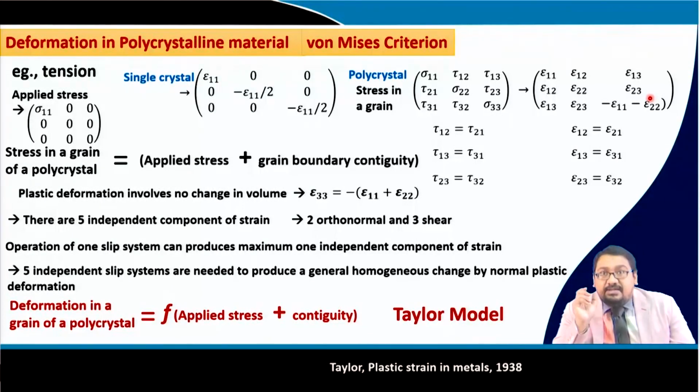So, the Taylor model that will come in the next lecture considers that deformation of a polycrystalline material is a function of the applied stress, which is tensile in this case, plus the stress associated with the grain boundary contiguity.